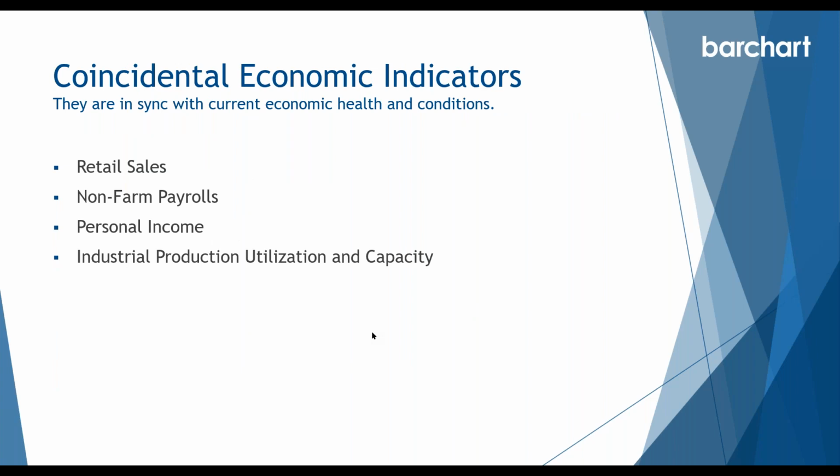Coincidental economic indicators. These are the ones that are kind of telling us what's going on now. Retail sales, again, one of those economic data points throughout the year that has been quite confusing, especially in terms of what the Fed is looking at. So when you think about retail sales, you see a lot of corporations or a lot of retail companies saying, hey, our retail sales are good, our sales are fine, or they're up from the year before.